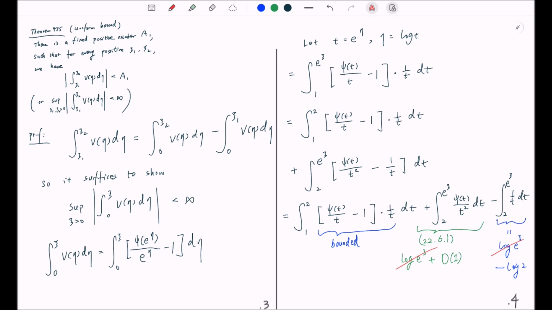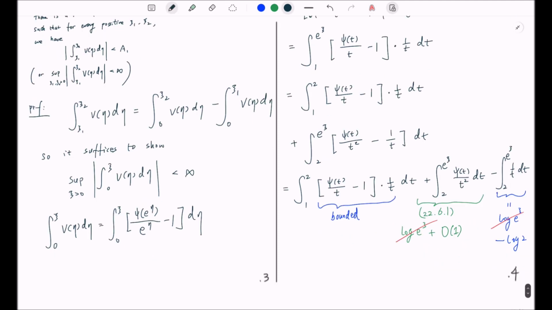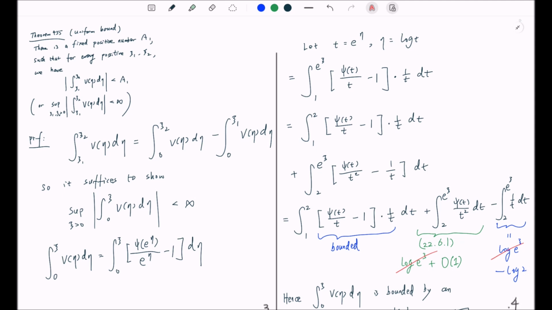And we are only left with absolute constants. This is an absolute constant, this is an absolute constant, and this is an absolute constant. And we are done with the proof of this lemma.